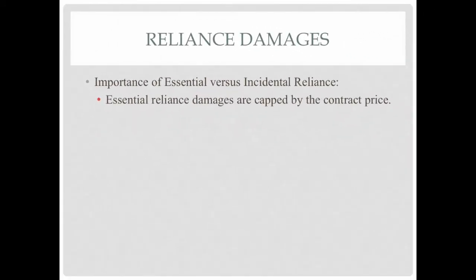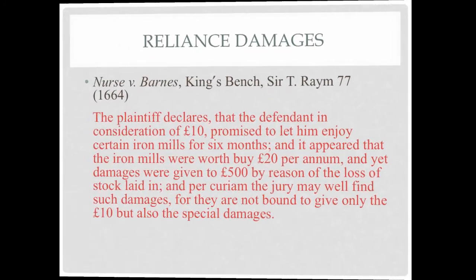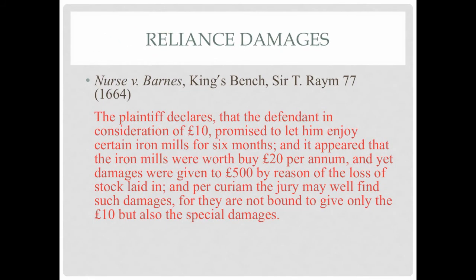So why do we care about these two? Well, first, essential reliance damages are capped by the contract price. You don't get to recover more if you're suing in Nurse v. Barnes, for example. The landlord's total liability on these essential damages, the 10 pounds of direct reliance or essential reliance damages, that payment of 10 pounds required by the contract is the most that the landlord or the tenant can be liable for.